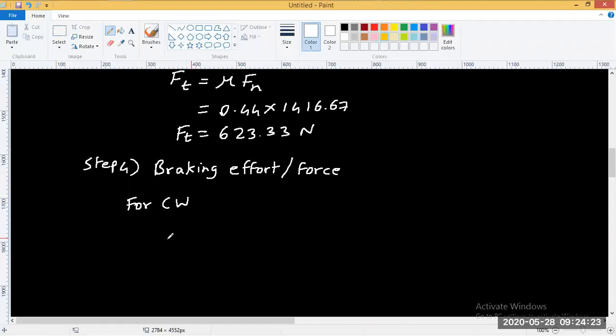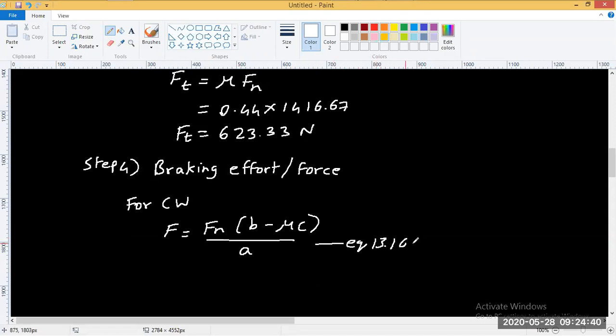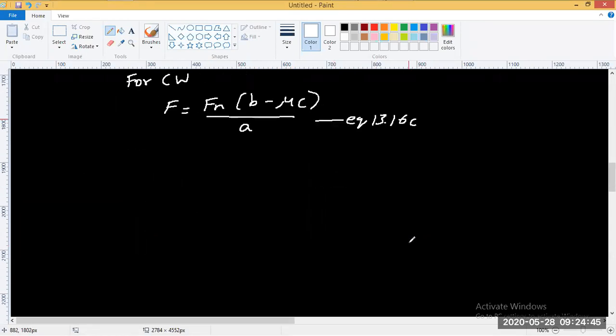For clockwise, the force F is given as Fn times (B minus mu C) over A. This is the given equation 13.16C. In the right hand side, everything is known: we know Fn, B, C, mu and A. The only thing is to substitute.